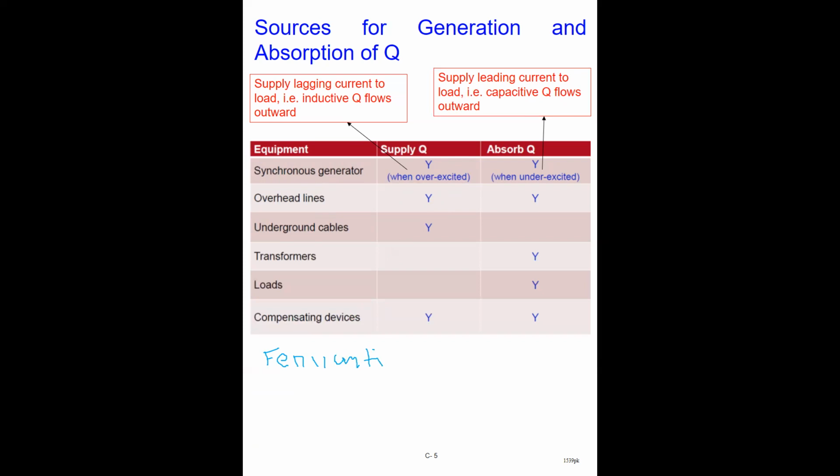It is said mainly for overhead lines, a long transmission line. If that long overhead transmission line is lightly loaded or not loaded, let's say this is your bus and this is your other bus.